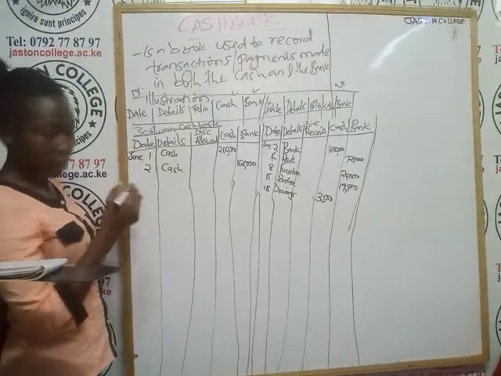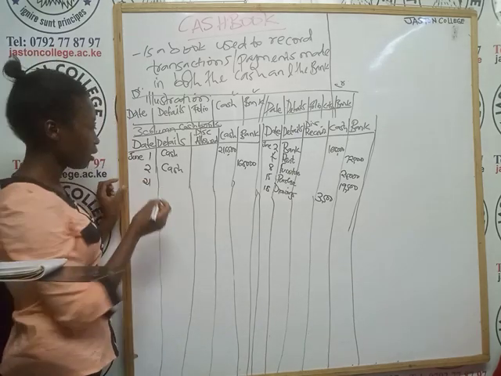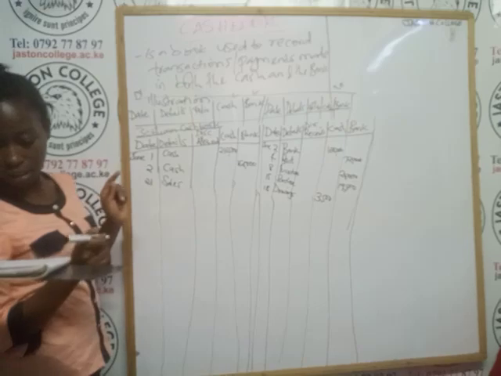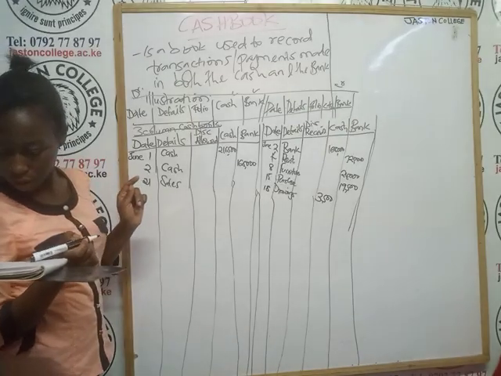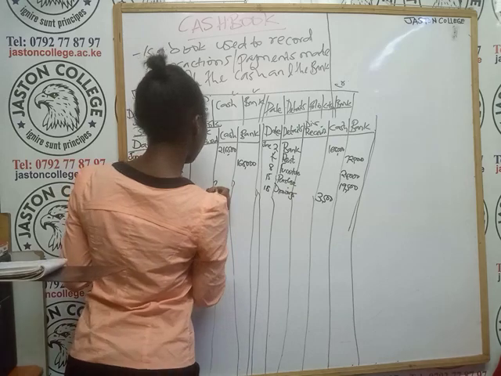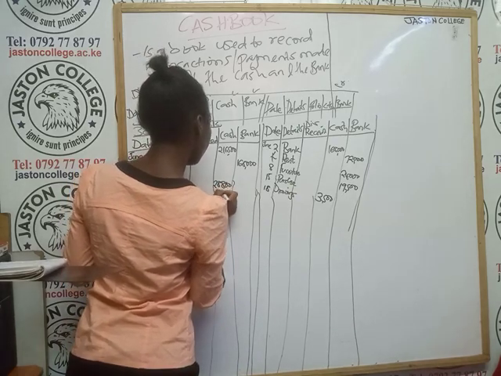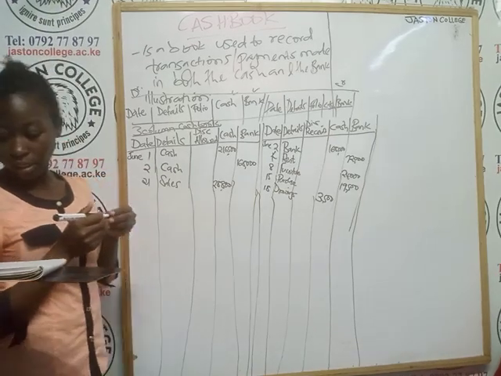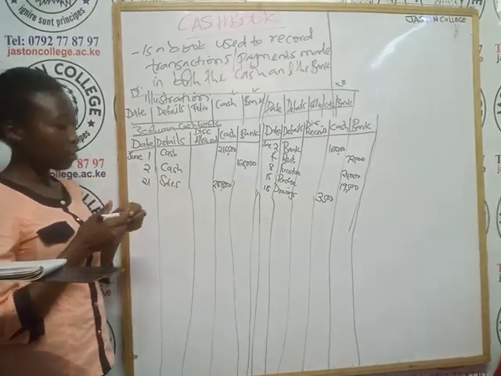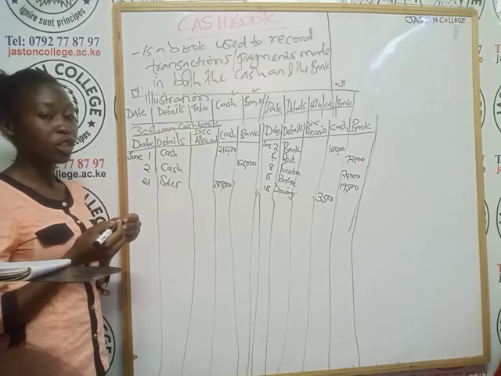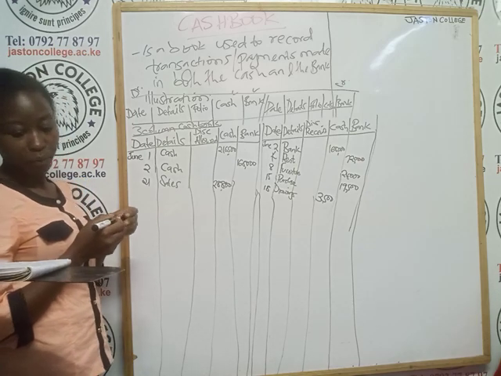On that date, because of the sales, our cash increased with 28,800.